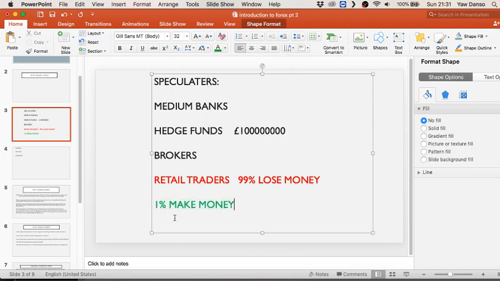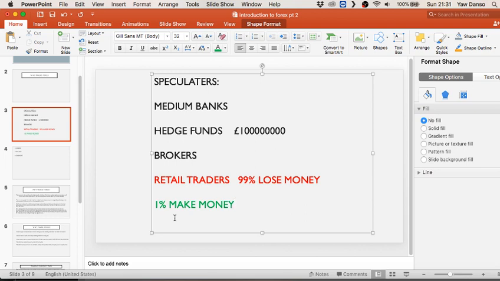So they say only 1% make money, which is okay. If you want to make money, you then have to do what the 1% does. Does that make sense?